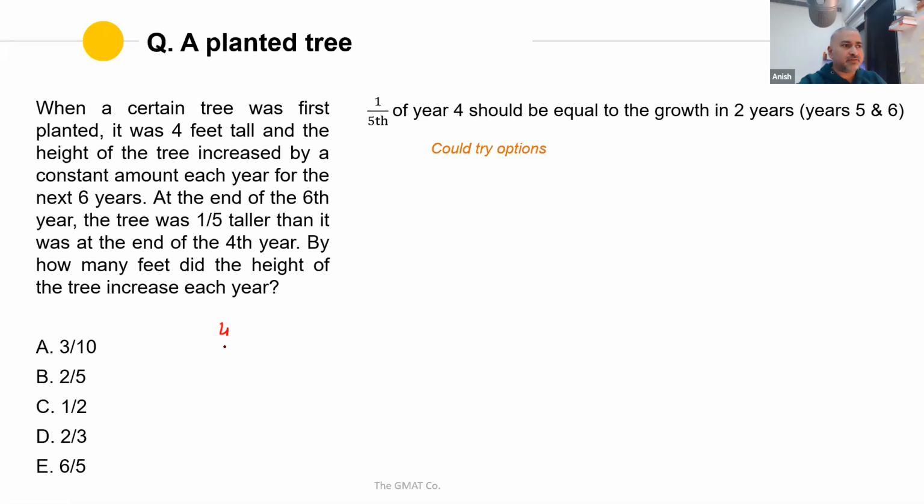Then 1/5 of that should equal the growth in the last 2 years, which is 2 times the same answer choice. Whichever option shows that the LHS is equal to the RHS would be the right answer.